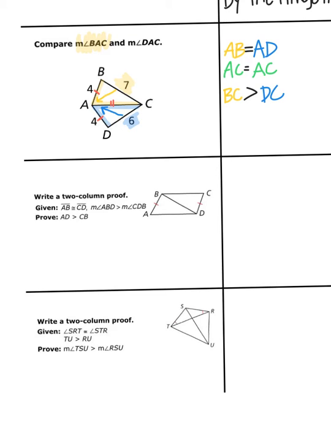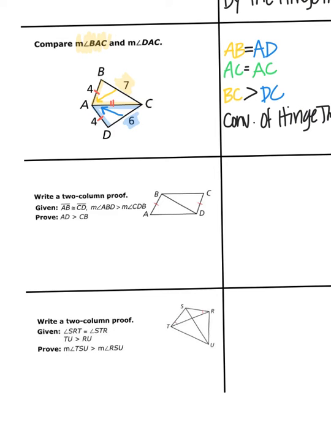And then what we're allowed to say is the converse of the hinge theorem, the one that goes backwards from what we did before, would say that if the side 6 is shorter, then the angle DAC is smaller than the angle opposite 7, BAC.